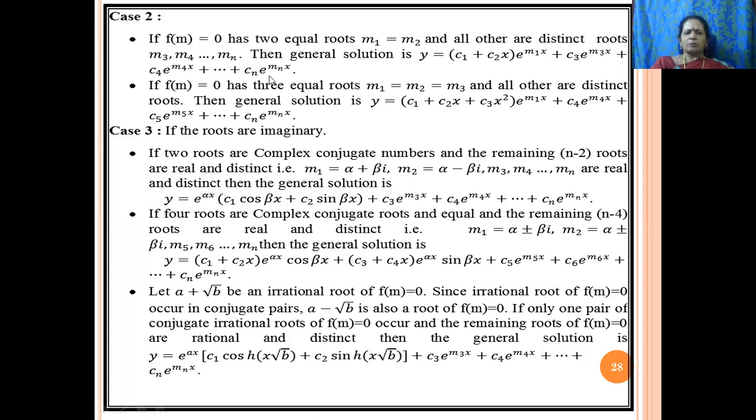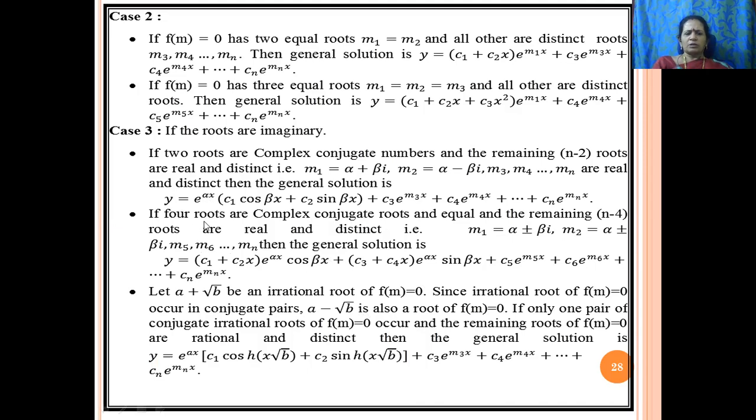Suppose f of m is equal to 0 has two equal roots and the others are distinct roots, then write down the complementary function general solution as y is equal to like this. Suppose there are three equal roots and the remaining distinct roots, we should write like this. Suppose the roots are imaginary, then we have to write the complementary function general solution like this.